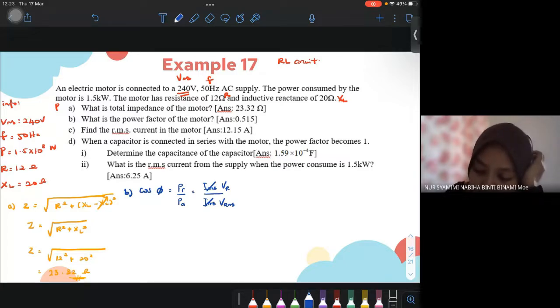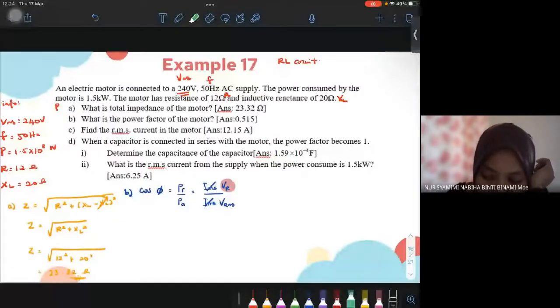Do we know V_R? We don't have V_R, we only have V_RMS. So, we cannot use this formula, but we know that V is equal to I_RMS R over I_RMS Z. So, R over Z. Do we have R?